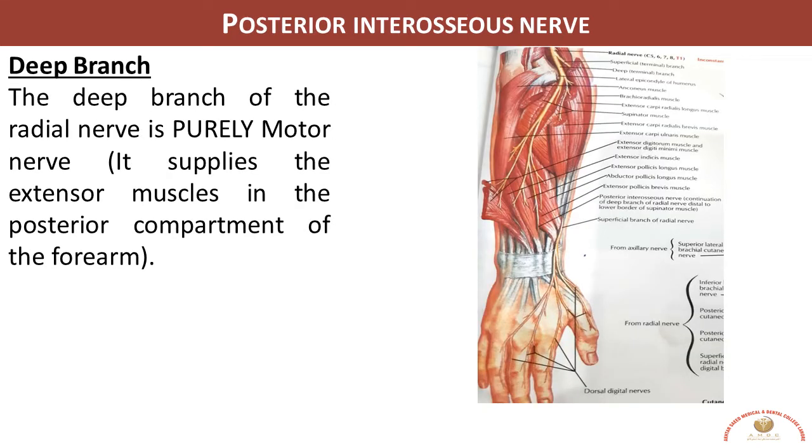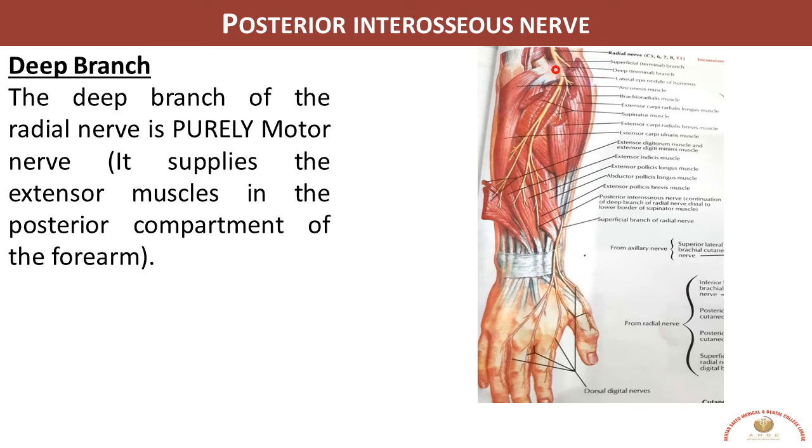Now the deep branch of the radial nerve is a purely motor nerve, and it is also termed the posterior interosseous nerve. The deep branch of the radial nerve is very important as it supplies many muscles of the forearm. The radial nerve gives motor and sensory functions in both the arm and forearm, as I have told you already. Once it divides into two branches, the deep branch pierces the supinator muscle, moving backward.